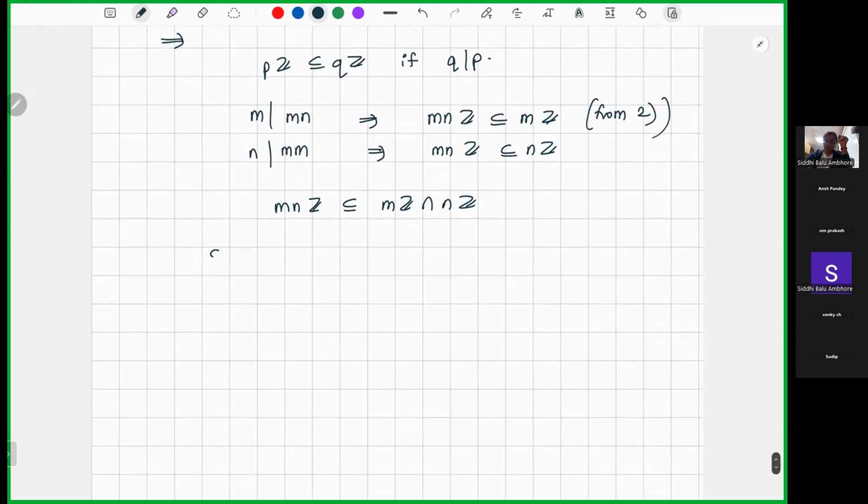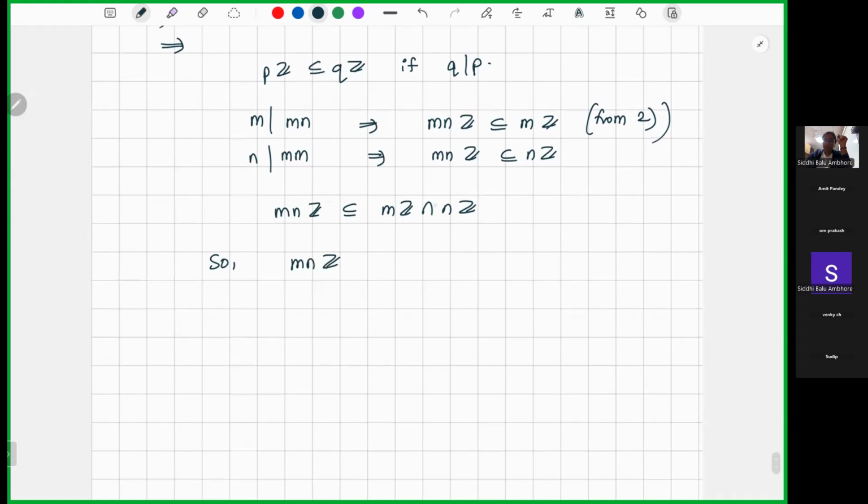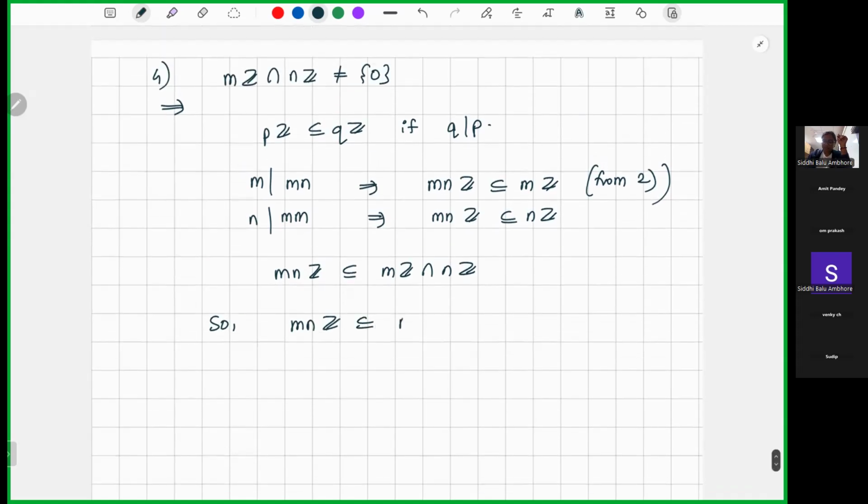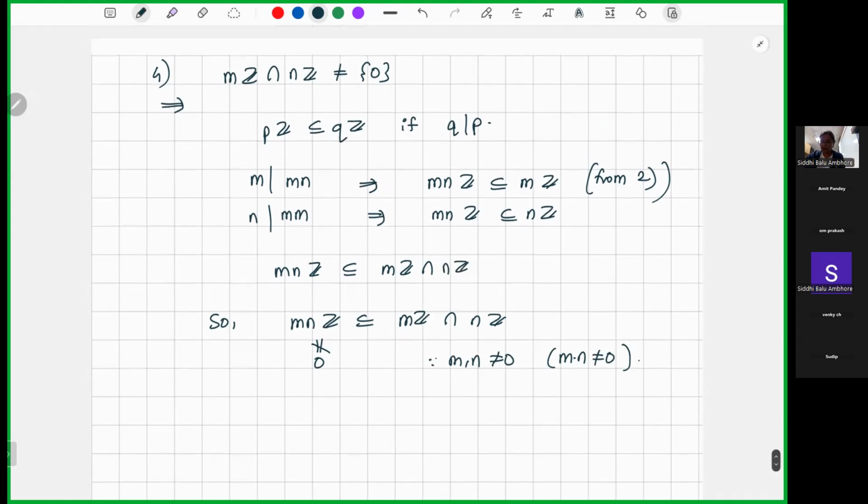So mnZ is contained in mZ intersection nZ, and this will be non-zero since m, n are non-zero, so m into n is non-zero. Please let me know if this is okay or if you have any doubts.